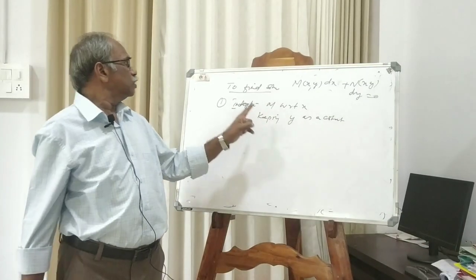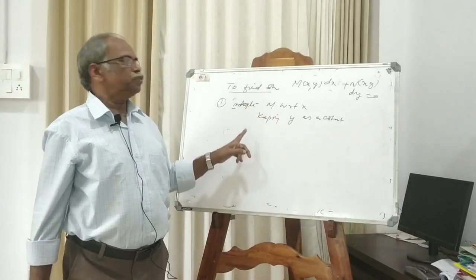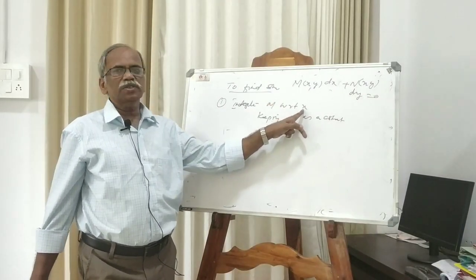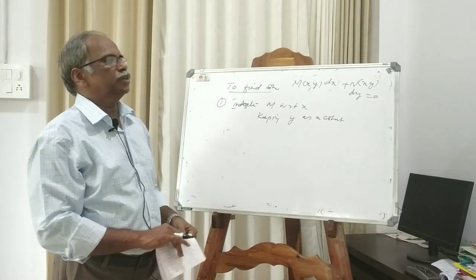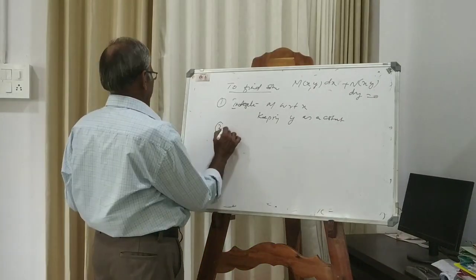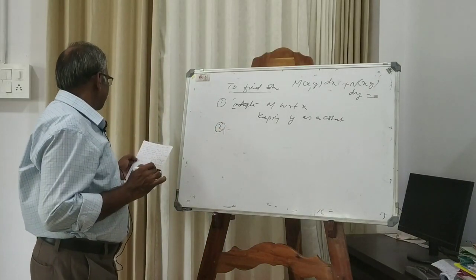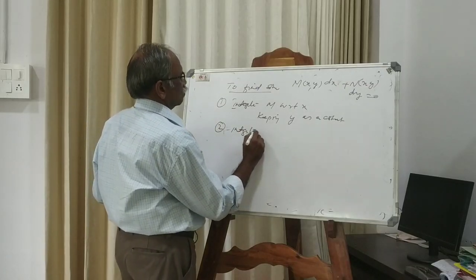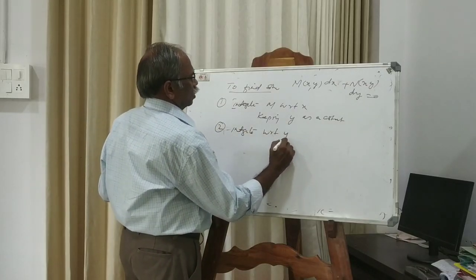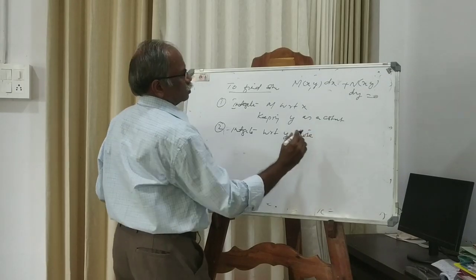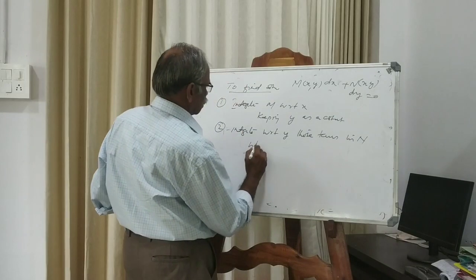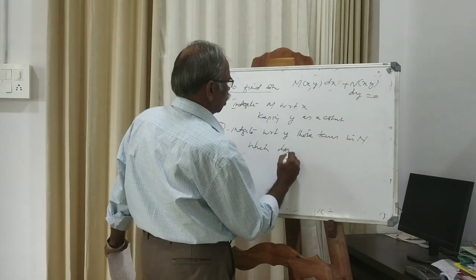If it is exact, we find the solution by this method. The first step is to integrate M with respect to x, keeping y as a constant. The second step is to integrate with respect to y those terms in N which do not involve x.